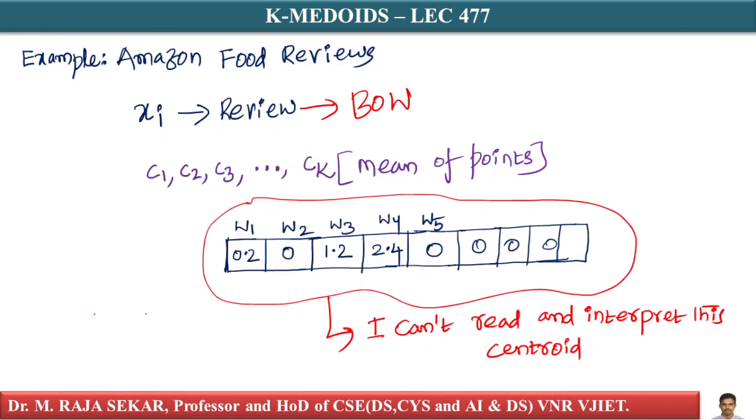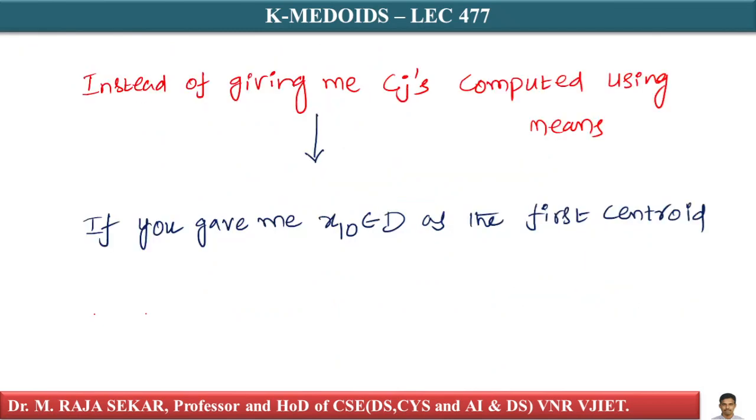interpret this centroid. Instead of giving me a centroid computed using means, which is what we do in k-means, if you give me some point x10 that belongs to D, which is part of the dataset, as the first centroid, then in the case of Amazon Fine Food reviews, your actual data point is a review.